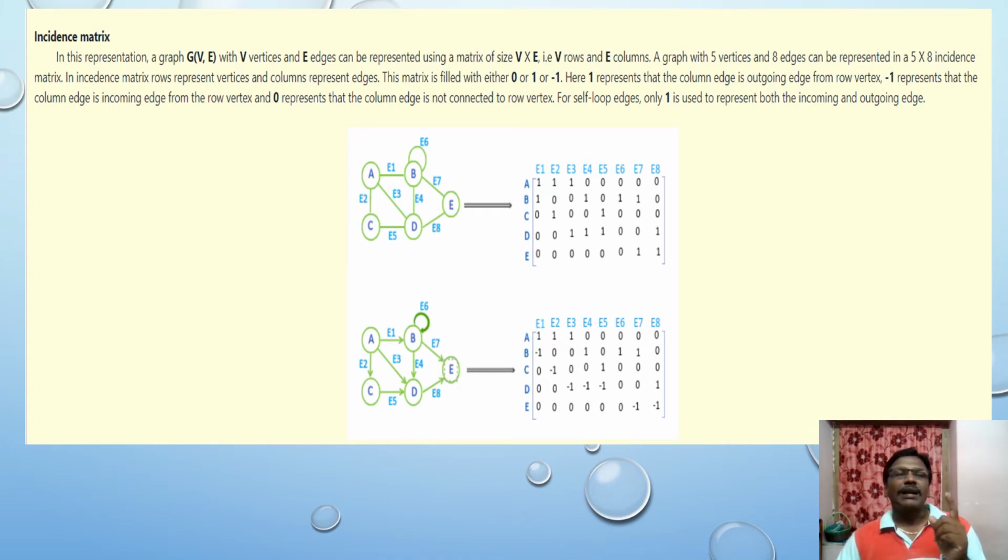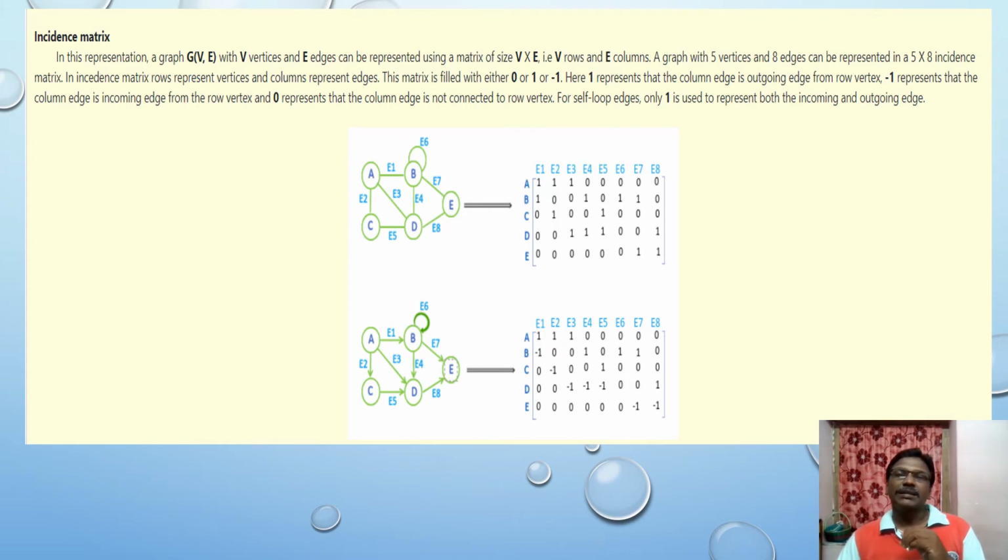But the incidence matrix represents V into E. It means the V vertices are the number of rows and E is the number of columns. That is V into E.